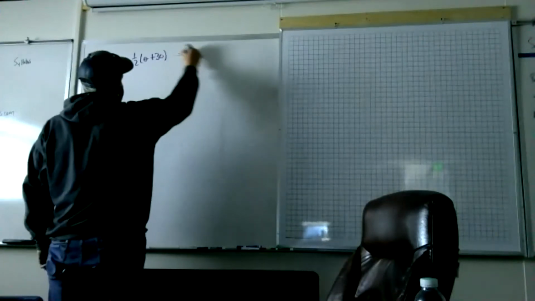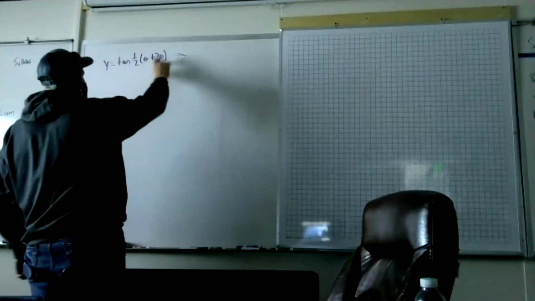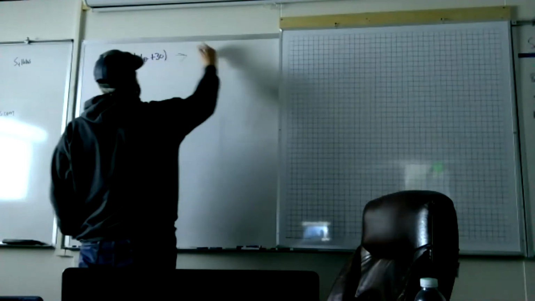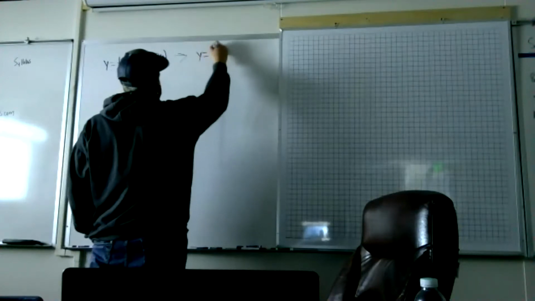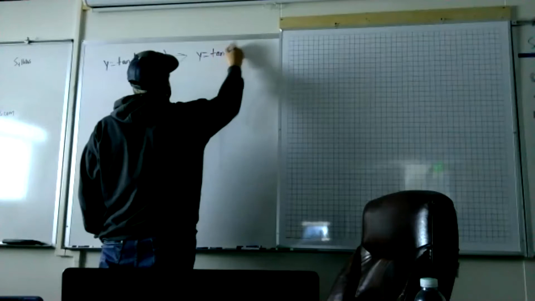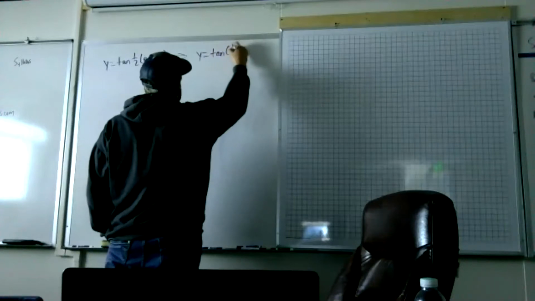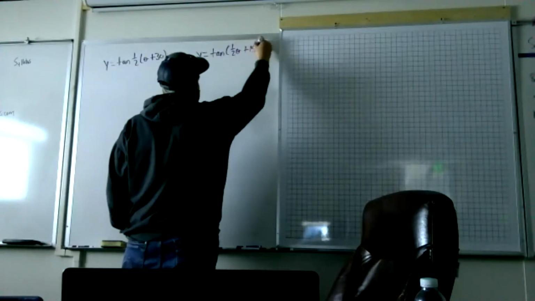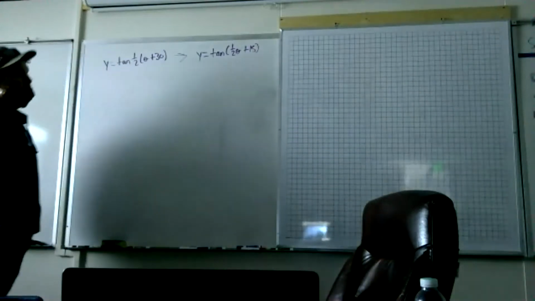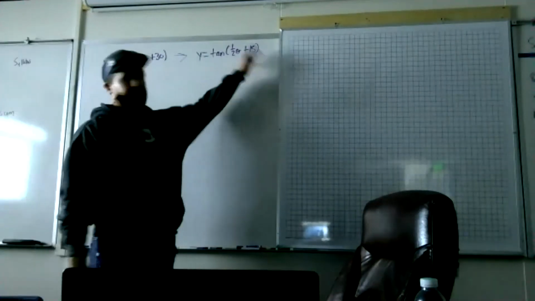The first step is to distribute this 1/2 into the parentheses. 1/2 times theta is 1/2 theta, so I'm really graphing tangent of 1/2 theta, and then 1/2 times 30 is 15. So I'm really graphing 1/2 theta plus 15 all on the inside.